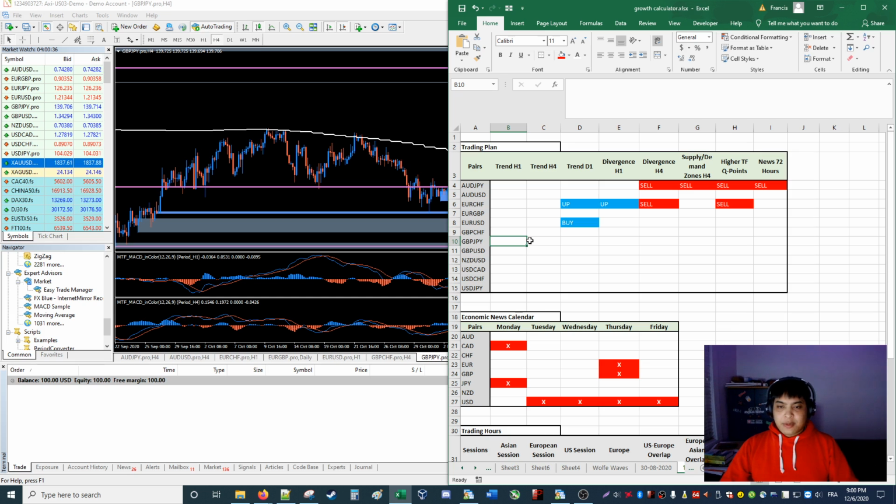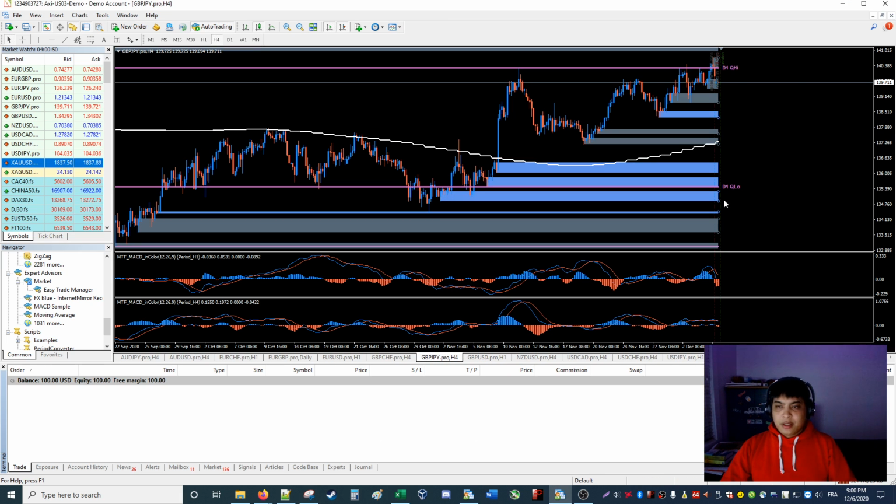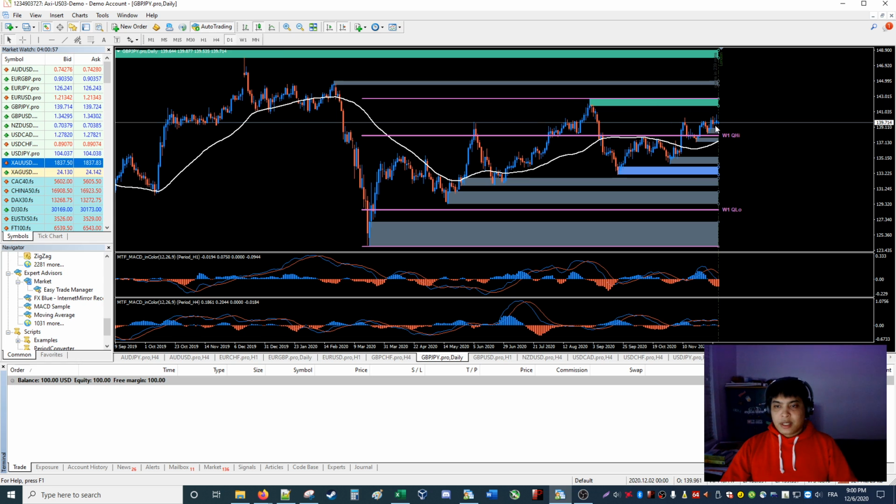GBP and JPY, we're going to look at sell, supply, sell. And if we look at GBP JPY, we're looking at a sell, which is the same as the USD JPY. And if you look here on the daily, we are also at resistance.